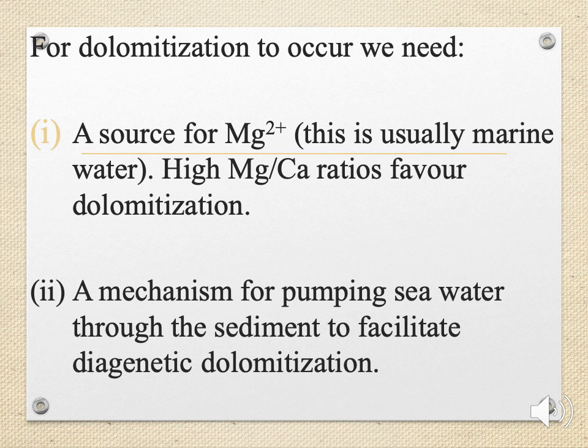If you have way more magnesium, it's going to be possible to get dolomites forming. A mechanism is also necessary for pumping this seawater, or this magnesium-rich water, through the limestone to facilitate the diagenetic dolomatization.